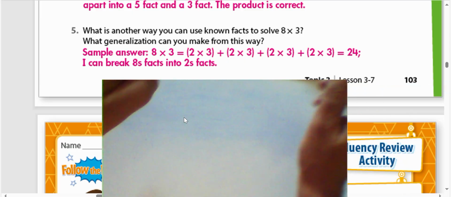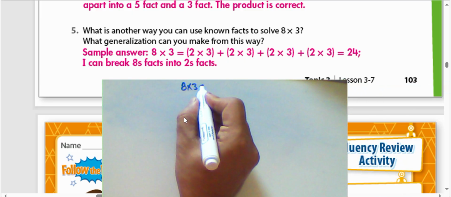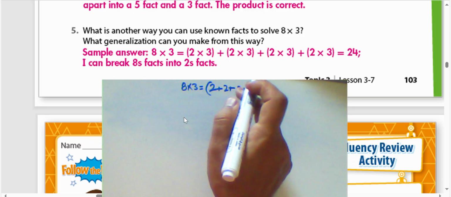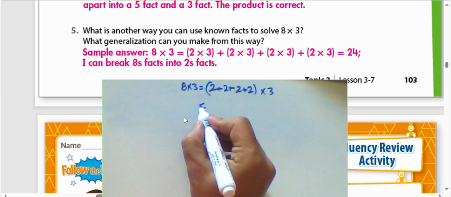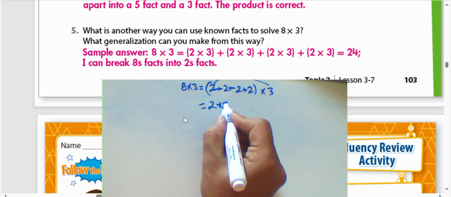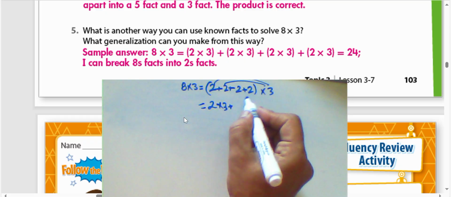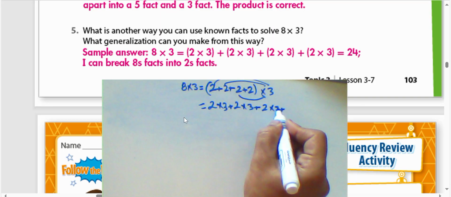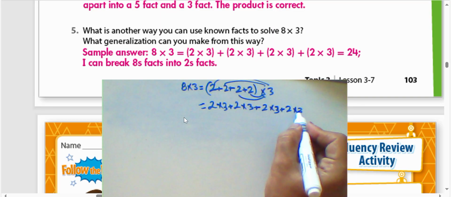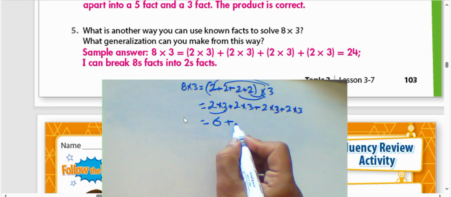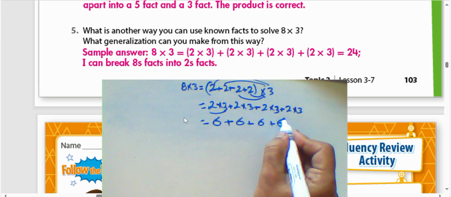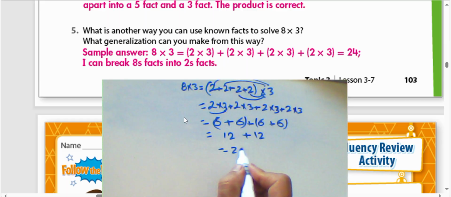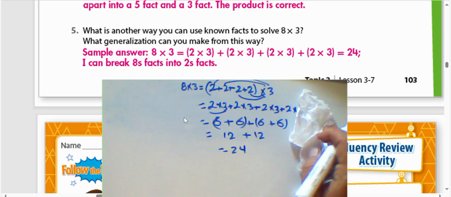Let's see the steps. 8 times 3, we can write 2 plus 2 plus 2 plus 2, 1, 2, 3, 4 times 3, and then write 2 times 3 and 2 times 3, and 2 times 3, and 2 times 3. 2 times 3 is 6, each time. 6 plus 6 is 12, 12 plus 12 equal 24. Then the total answer will be 24.